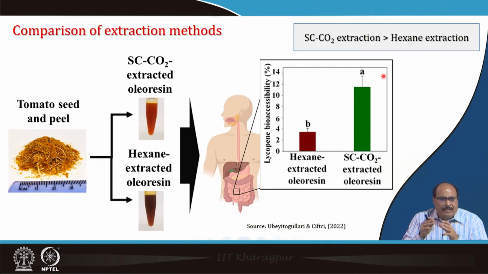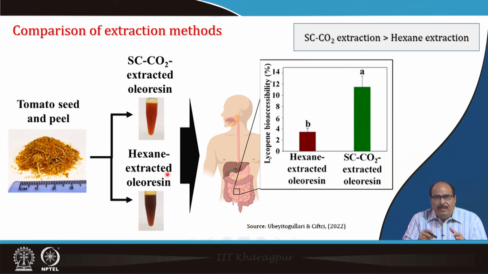Okay. Then there is a recent research report of 2022, in which researchers compared the supercritical carbon dioxide extracted oleoresin from tomato seed and peel with the hexane extracted oleoresin.